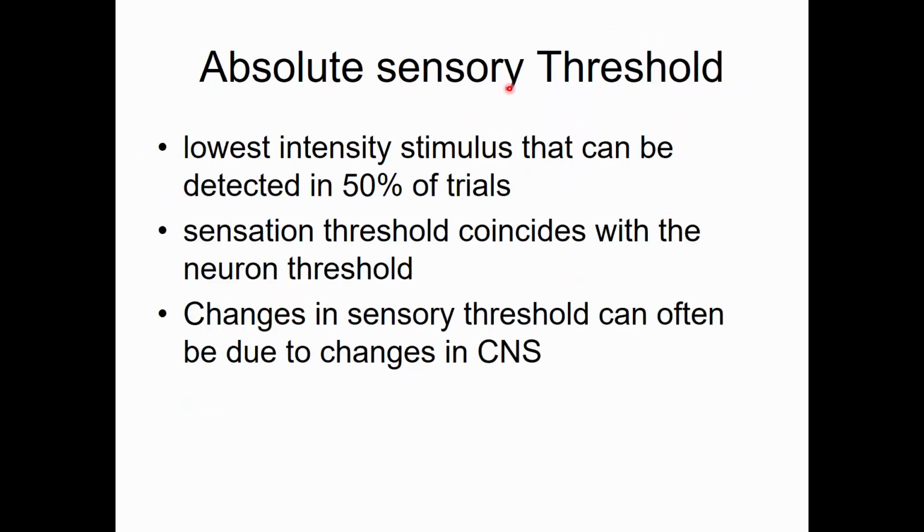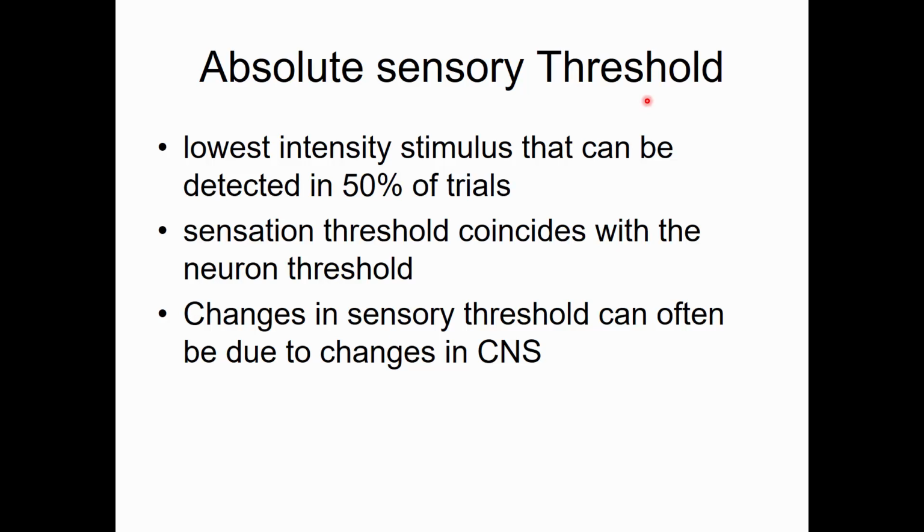The absolute sensory threshold is something that comes from both psychology and neurophysiology. Basically, you have a subject, you expose them to a stimulus, and what's the lowest intensity stimulus that they can detect 50% of the time? That's your absolute sensory threshold. Would that change if the person had 14 cups of coffee? It might.